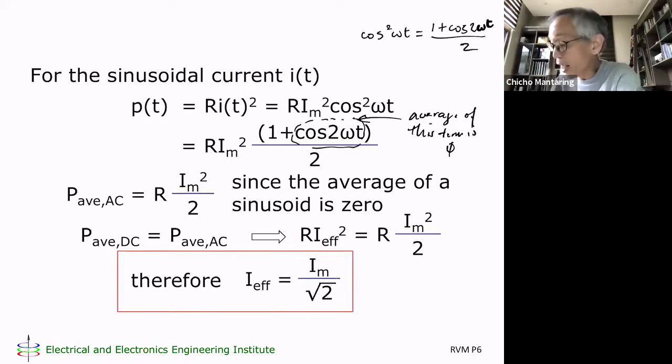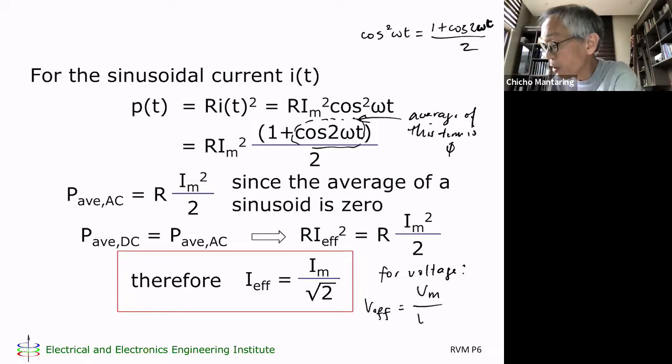If this were a voltage, V effective, so pwede rin yan sa voltage, no? So for voltage, V effective is equal to V of m over the square root of 2.